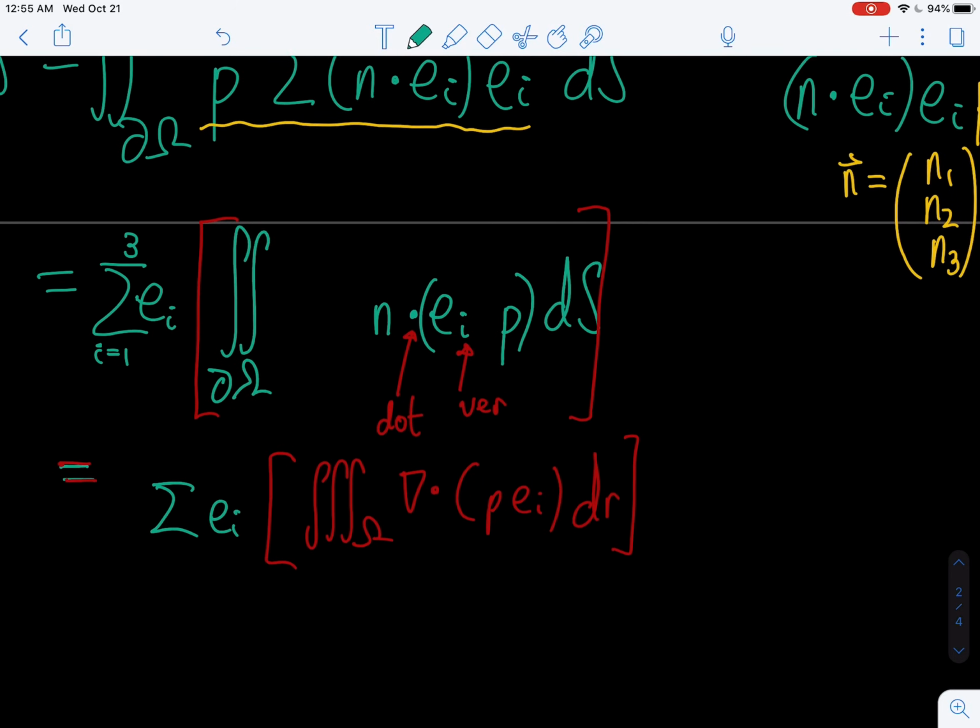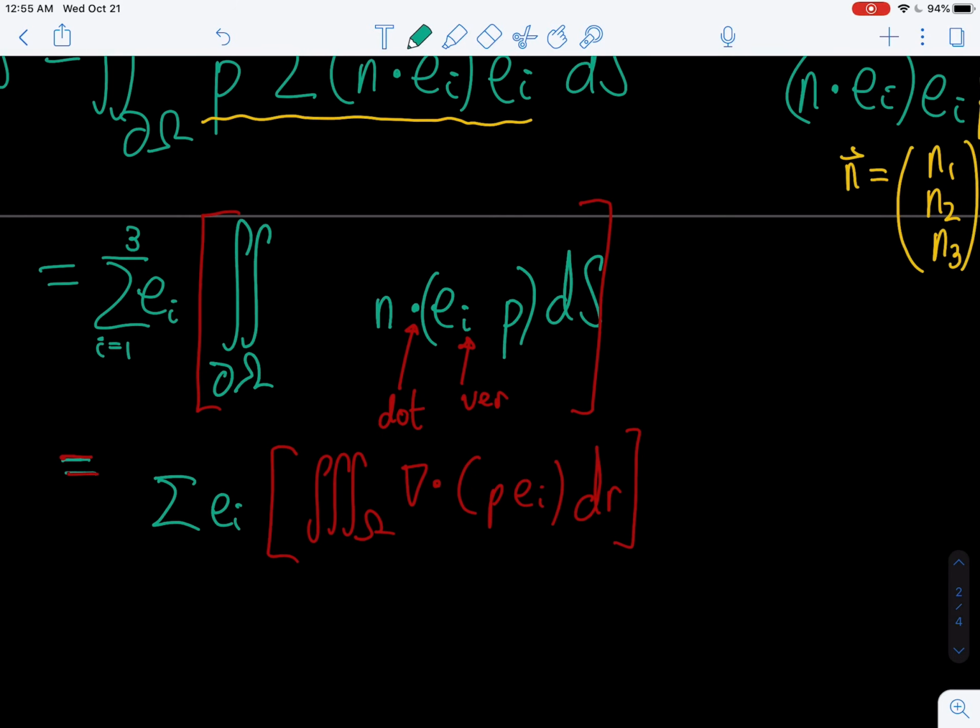But what is p times ei? Let's pretend ei is e1. Then I'll have p, 0, 0. What's the divergence of this? That's just going to be dp dx, plus nothing.